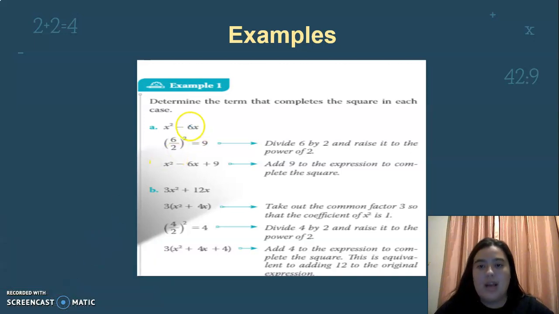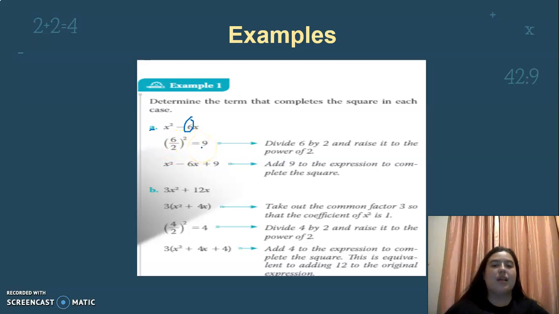So we have in the first one, letter A, x^2 - 6x. So what we have to do, we have to divide 6 by 2, always by 2, and raise it to the power of 2. So we write (6 divided by 2)^2. 6 divided by 2 is 3, and 3 squared equals 9.